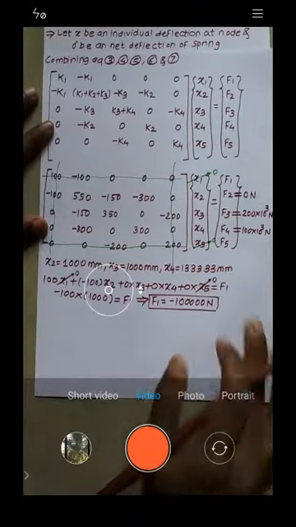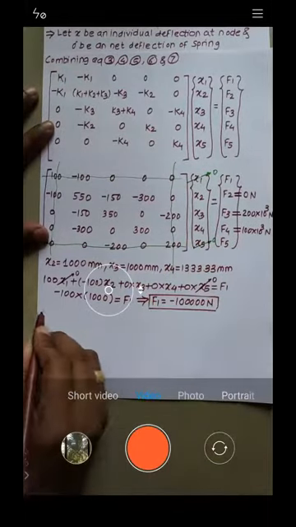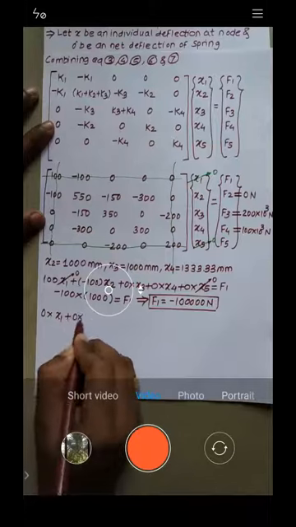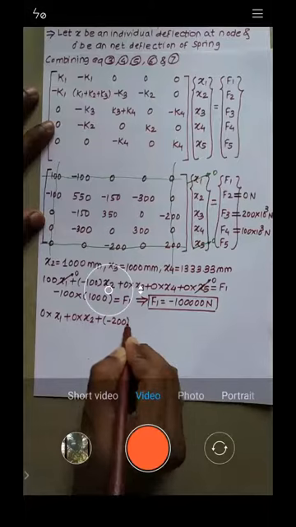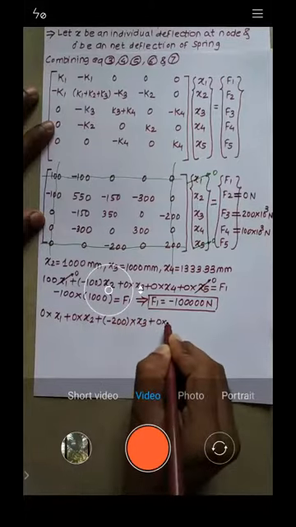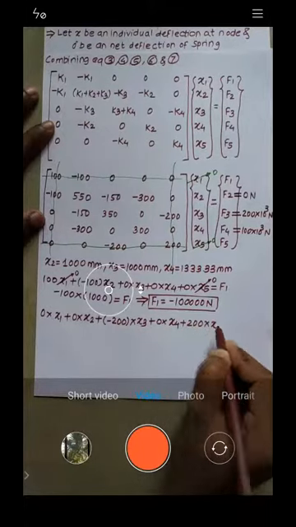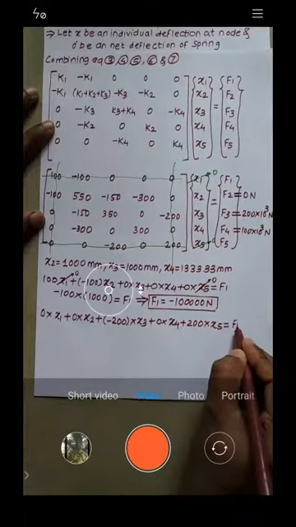Go for this calculation of F5. This is the last row multiplied by this column. So 0 into X1 plus 0 into X2 plus minus 200 into X3 plus 0 into X4 plus 200 into X5 is given by F5.